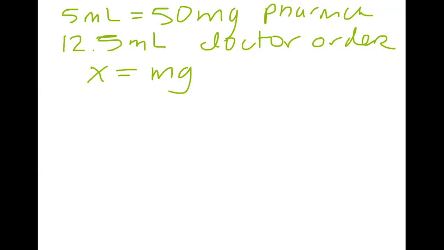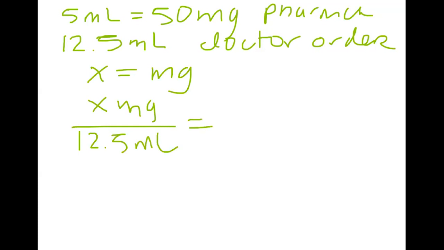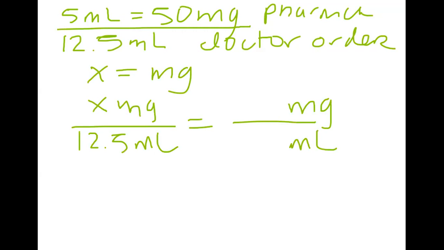So X milligrams over what the doctor ordered, 12.5 mLs, is equal to, so again, we want milligrams on the top and mLs at the bottom. So looking at what we have in pharmacy, 50 milligrams over 5 mLs. Okay, so we're gonna cross multiply.